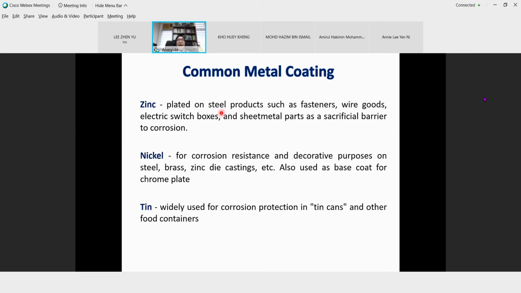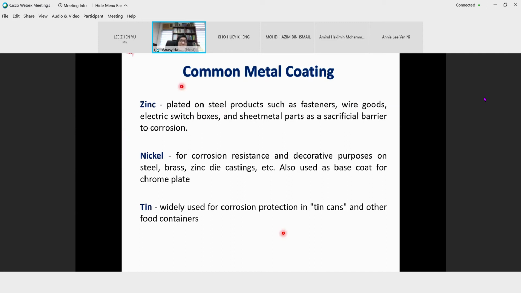And steel is on top of zinc. So zinc will be sacrificed. Zinc akan corrode because it is more electronegative as compared to steel. So that's why we are using materials that will be sacrificed first. So in this case, we are using the concept of sacrificial anode. So zinc akan makan diri dia dan protect steel.